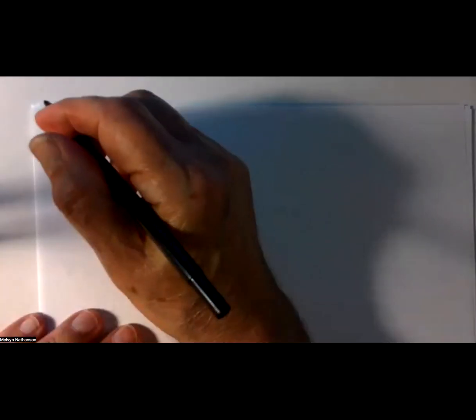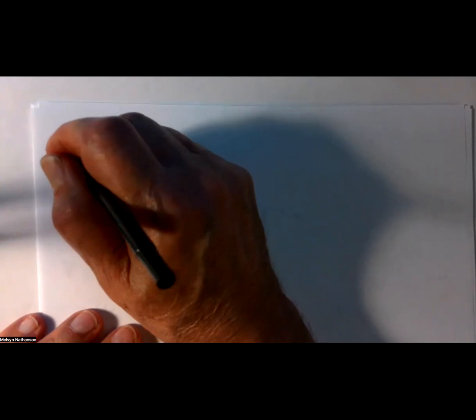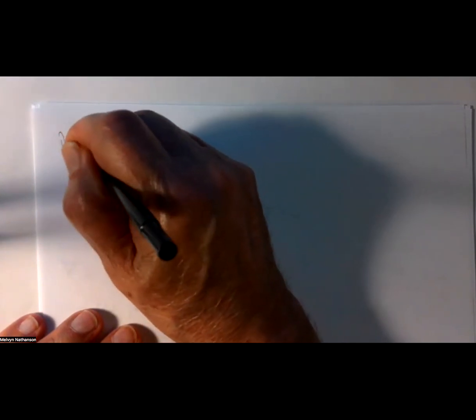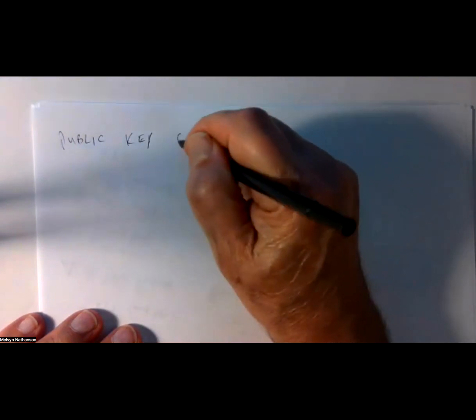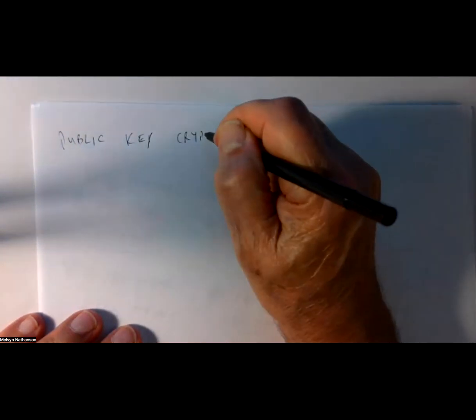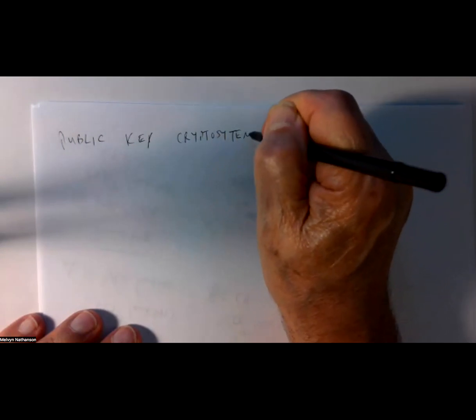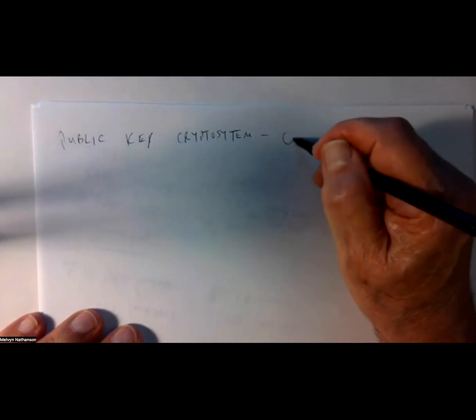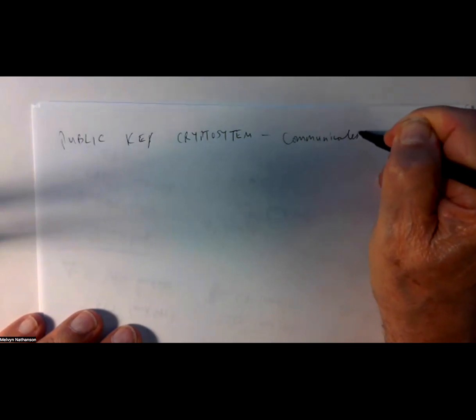So there are two basic ways we're going to develop what is called a public key crypto system. So this is to communicate messages securely.